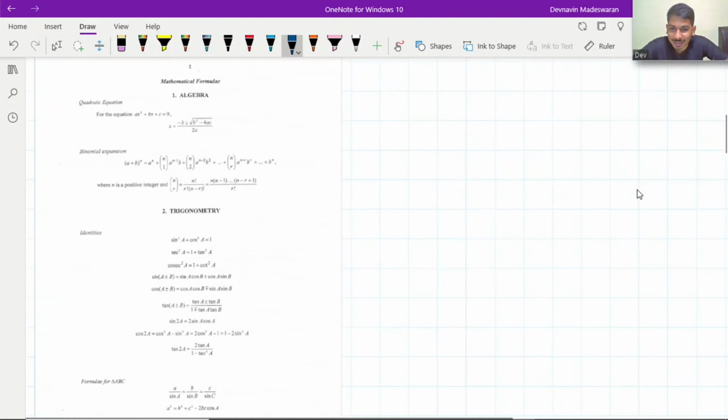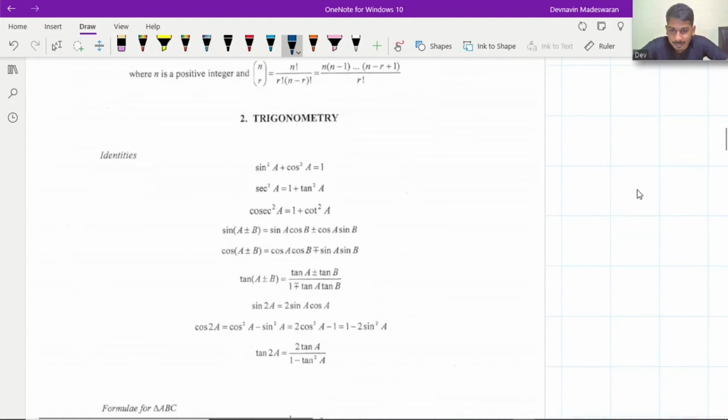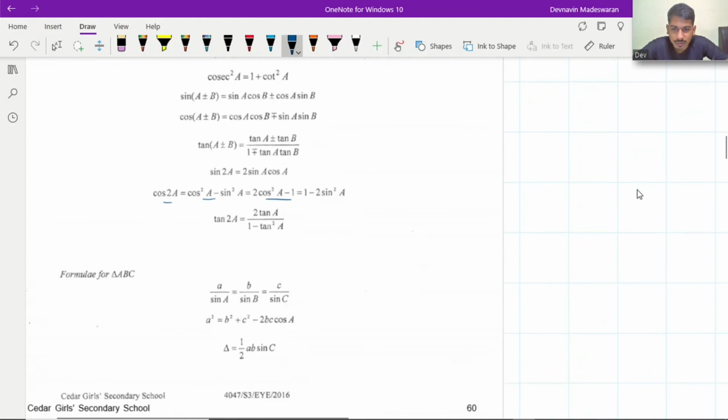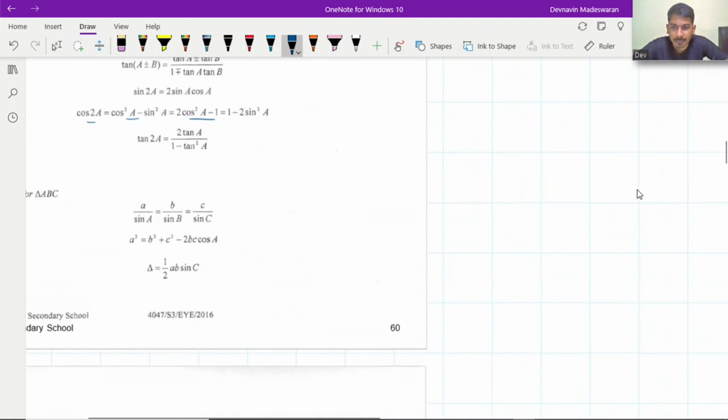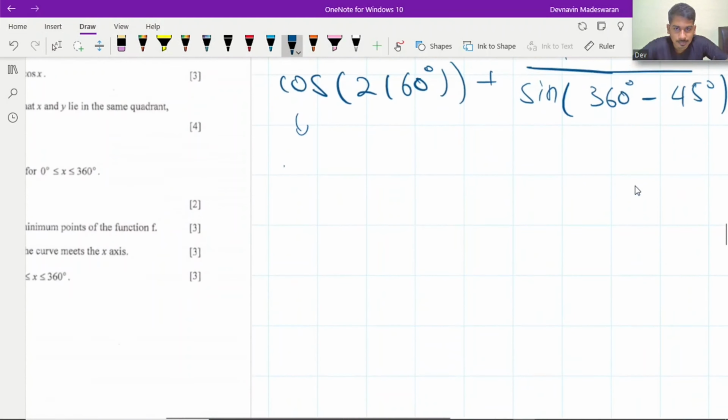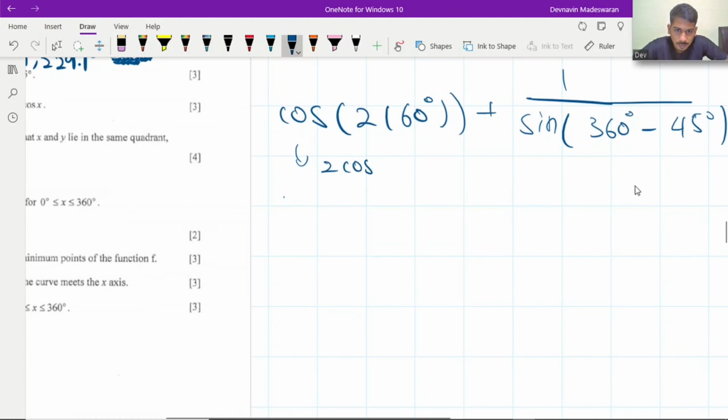Okay, let's see. Cos 2 theta is going to be 2 cos square theta minus 1. So 2 cos square 60 degrees minus 1.